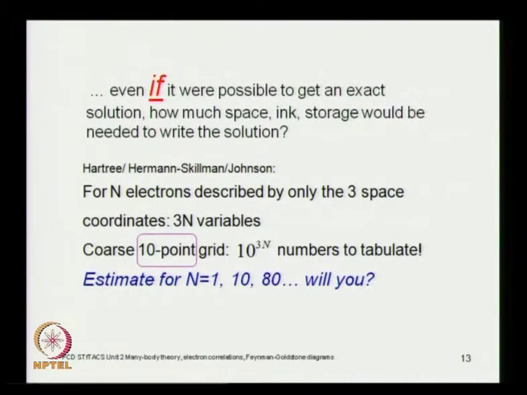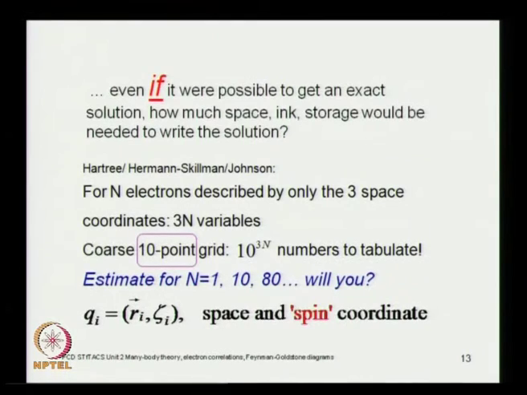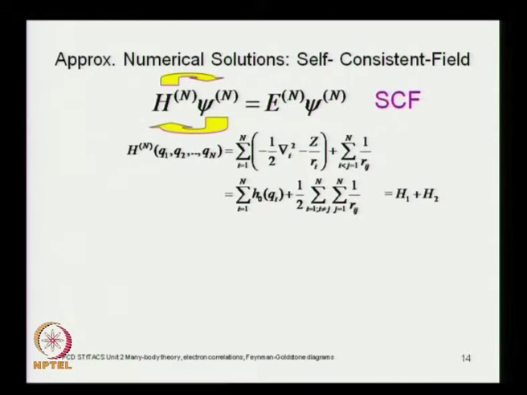So you need techniques, and the occupation number formalism, the second quantization methods that we are going to discuss in this unit, will tell you very elegant ways of doing this. You have to deal with spin as well, and we know that self-consistent field solutions are possible in the Hartree-Fock formalism.